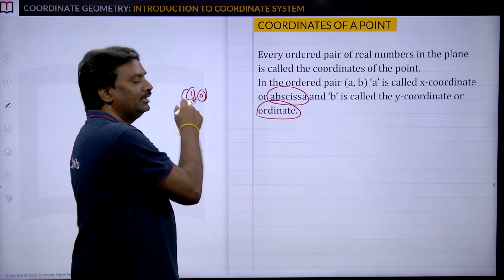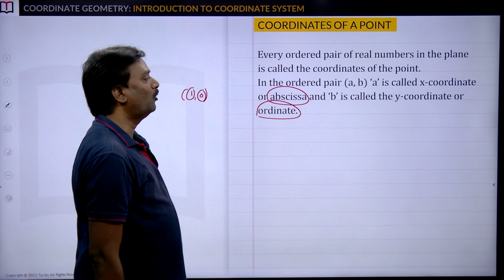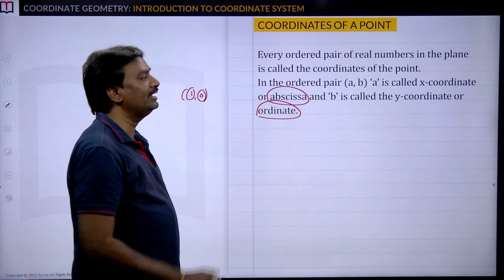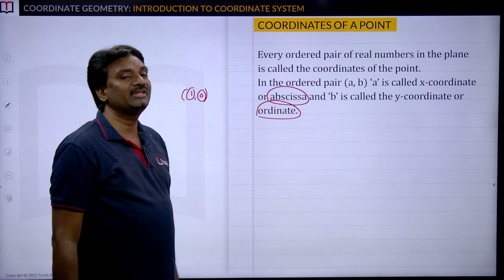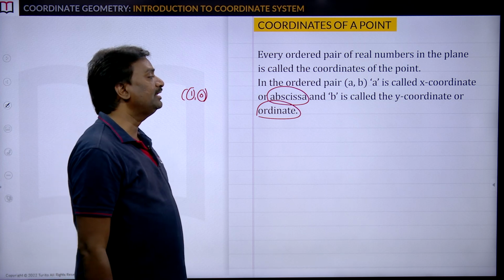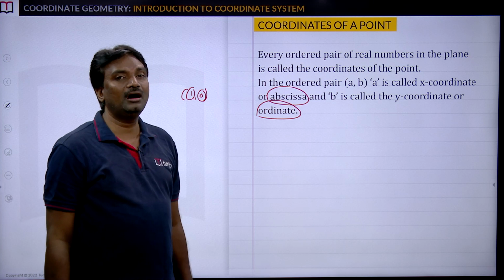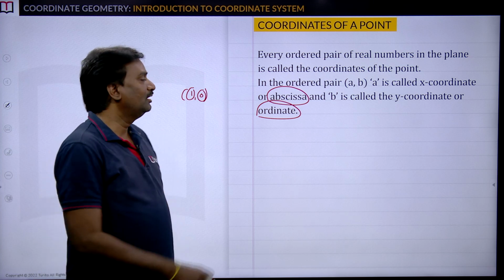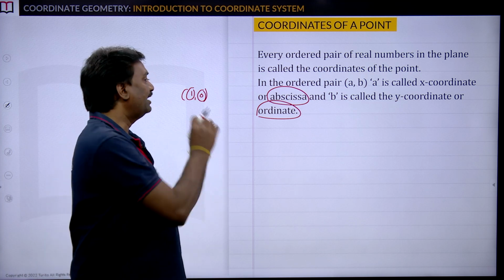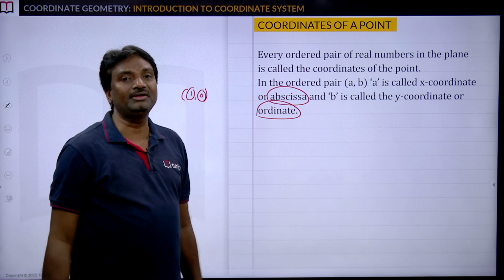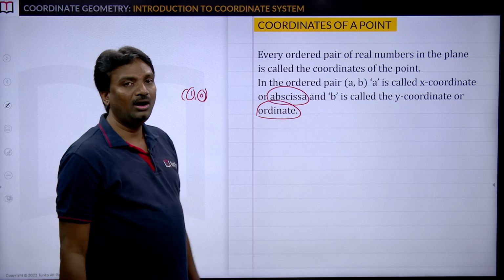In the ordered pair A comma B, A is called x coordinate or abscissa and B is called the y coordinate or ordinate. So, the first number is x coordinate or abscissa and the second number is y coordinate or ordinate.